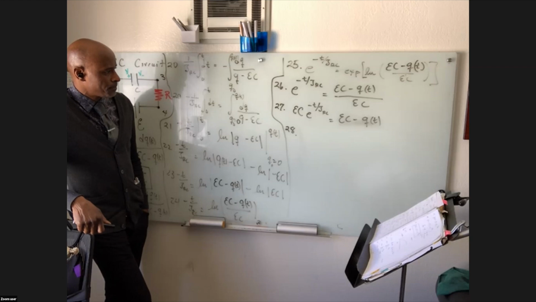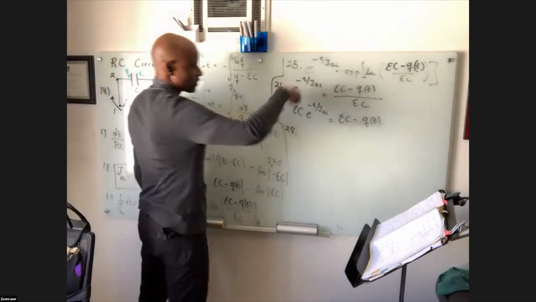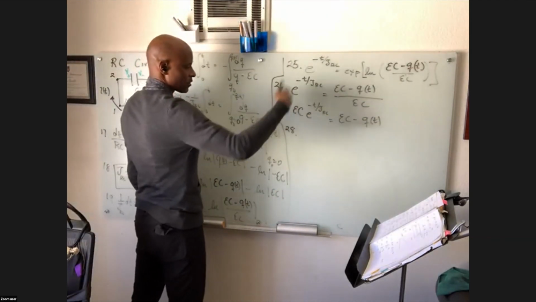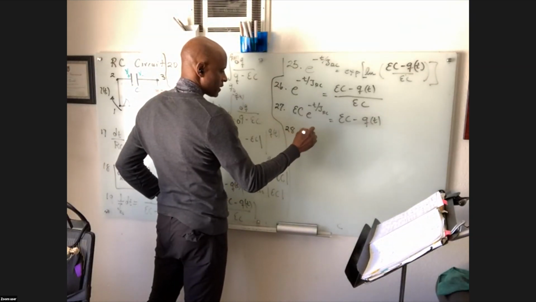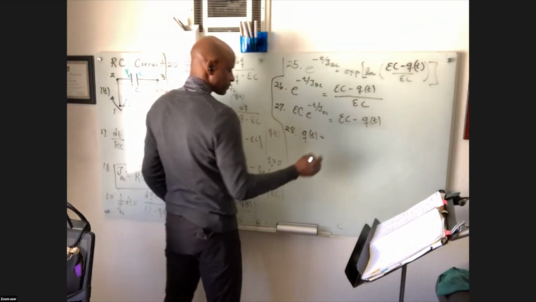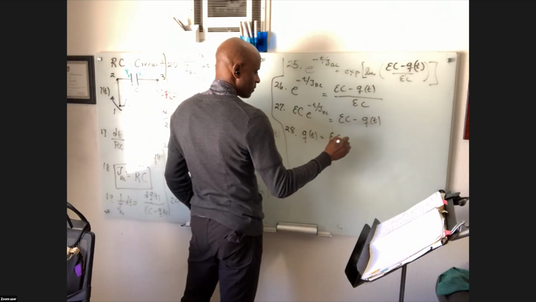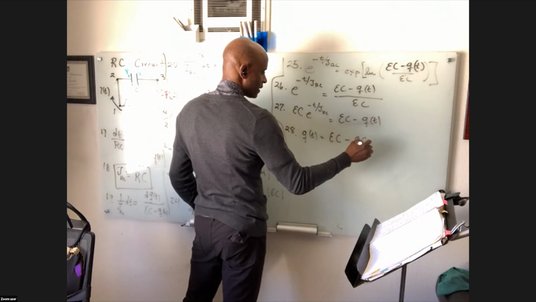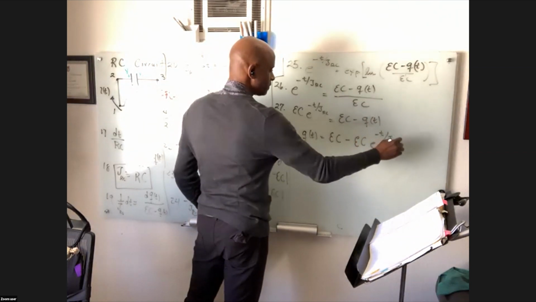So if I take the minus QT over on this side and take this exponential term on the other side, what I'm going to have is positive Q of T equals EC minus EC e to the minus T over tau RC.